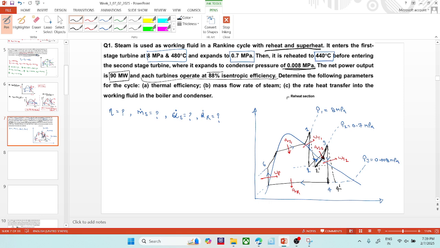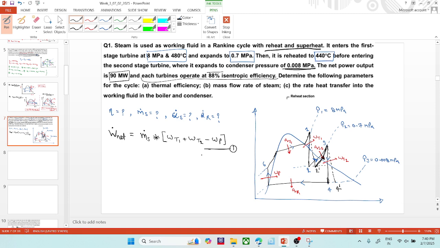They have given the net power output, and the net power output would be W dot net, and it would be the multiplication of the steam flow rate with the specific work from turbine 1 plus specific work from turbine 2 minus the specific pump work. This would be my equation 1.